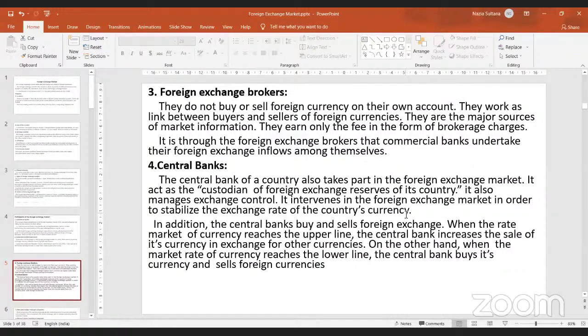They charge a brokerage fee, and these brokers would be registered brokers, because you cannot have foreign exchange transactions unless FEMA permits under its regulation. Earlier in India we had the Foreign Exchange Regulation Act, FERA, which got replaced with the Foreign Exchange Management Act, FEMA.